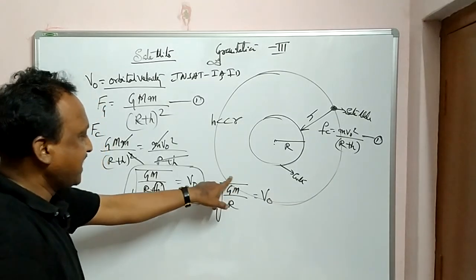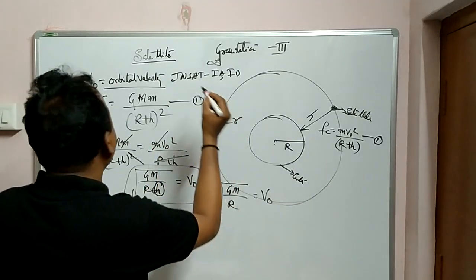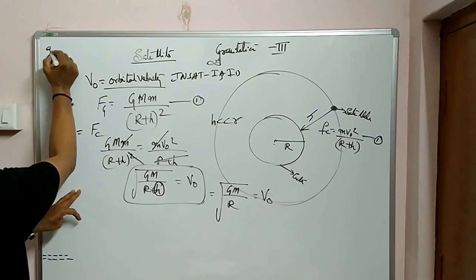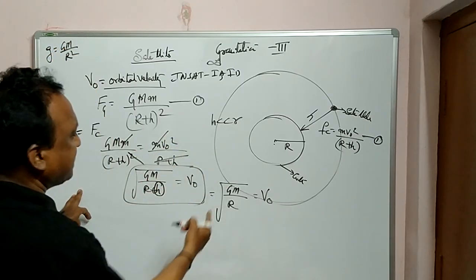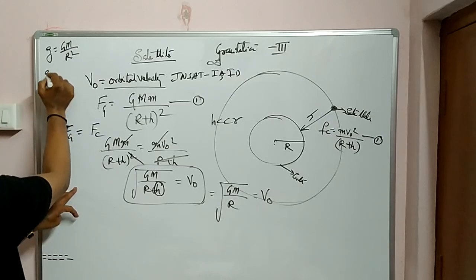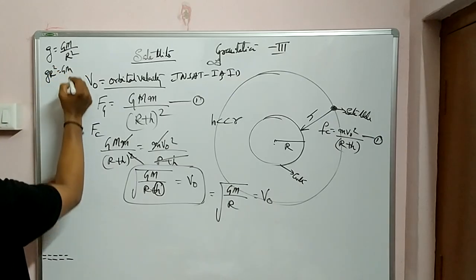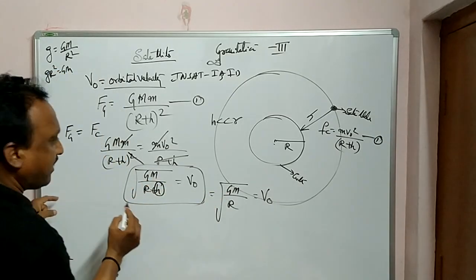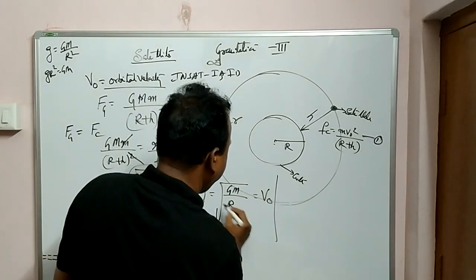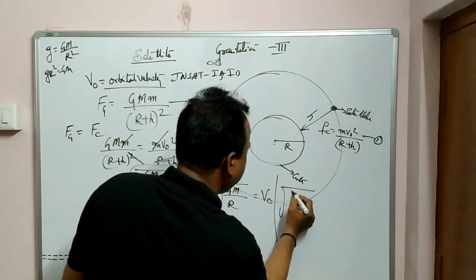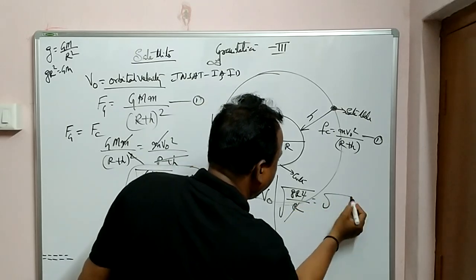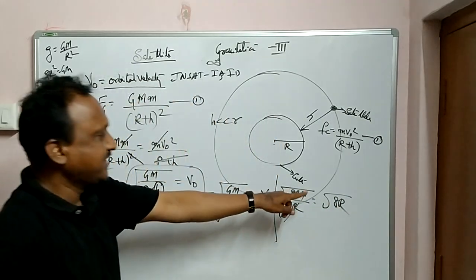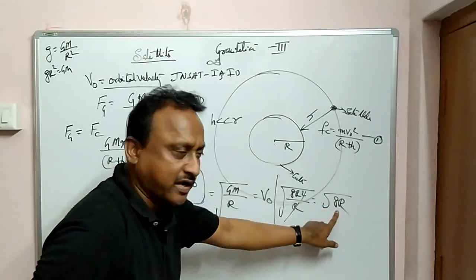Okay? Here GM, I already told you earlier. What is g? g is equal to G M by r square on the earth surface. So from that, what is GM? g r square. So put this value here. Root over g r square by r, r cancels, root g r. So this is the derived formula for orbital velocity.